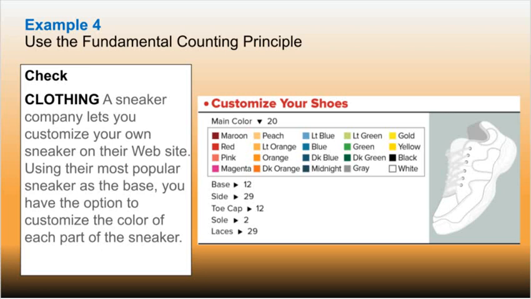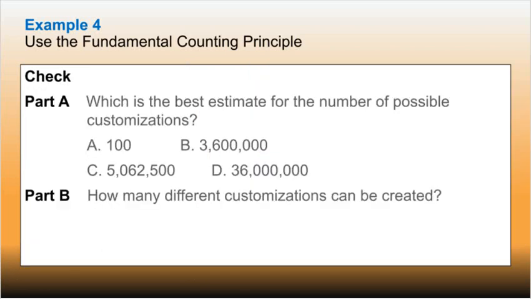Next one, a sneaker company lets you customize your own sneaker on their website using their most popular sneaker as the base. You have the option to customize the color of each sneaker. What we need to do is find out which is the best estimate for the number of possible customizations, and then find out how many different customizations there can be.